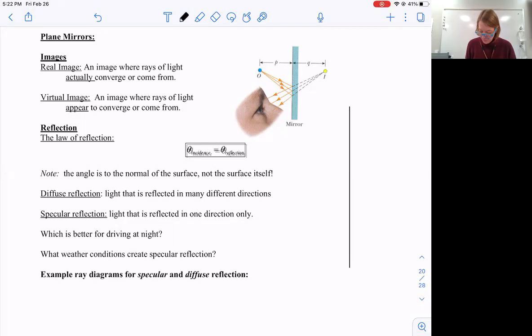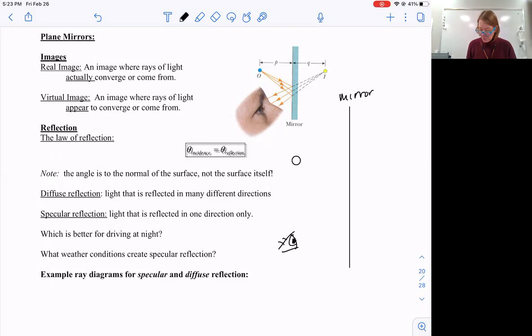If we have an object on one side of a mirror, and we want to look at that object in the mirror, I have this picture up above, but I'll recreate it.